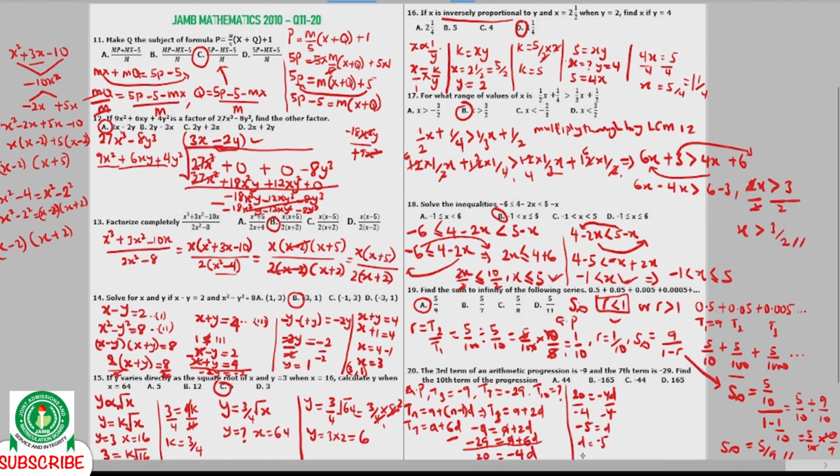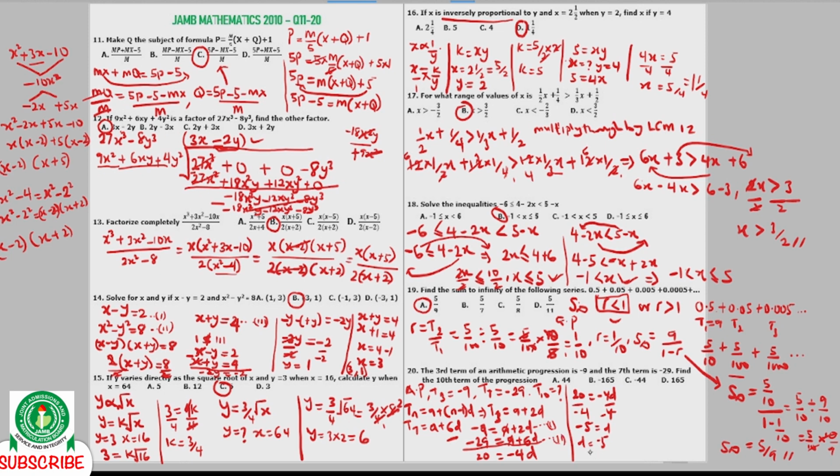So we're calling this one equation 1, and this is equation 2.